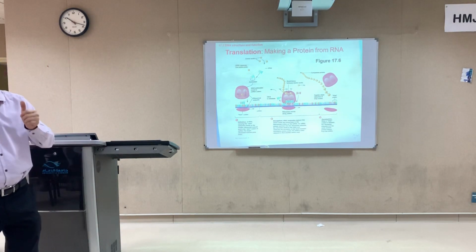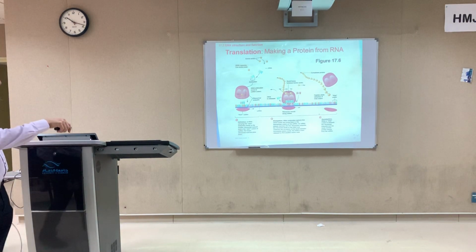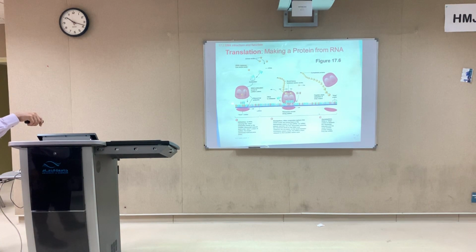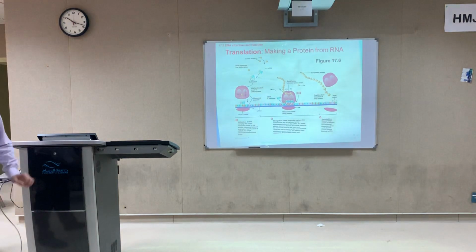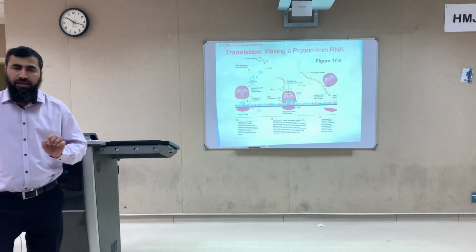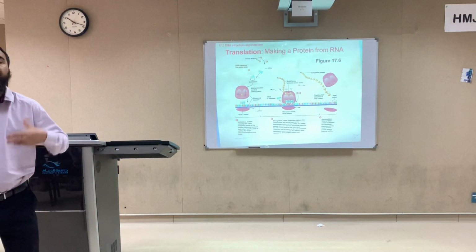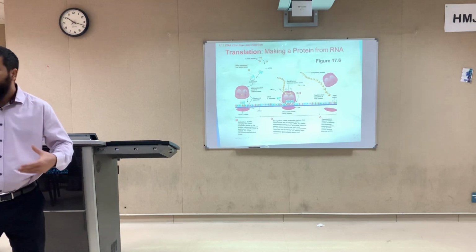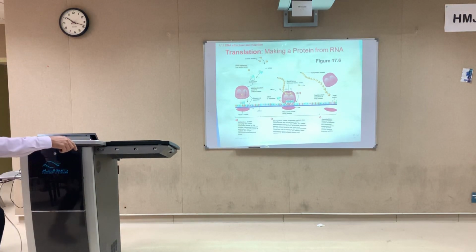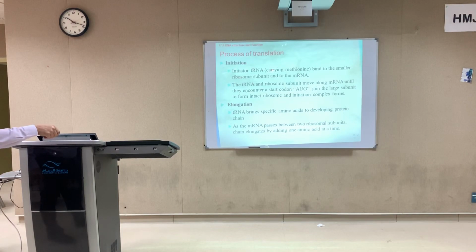Which is methionine as well, okay? So the initiator, what we call the initiator tRNA. Initiator means it's starting translation, okay? The initiator tRNA, which carries the methionine, is what binds to the small subunit and the messenger RNA together.